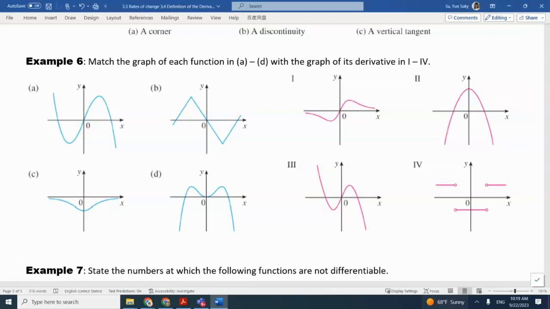So, like this, you first find where the slope is 0. Can you find where the slope is 0?